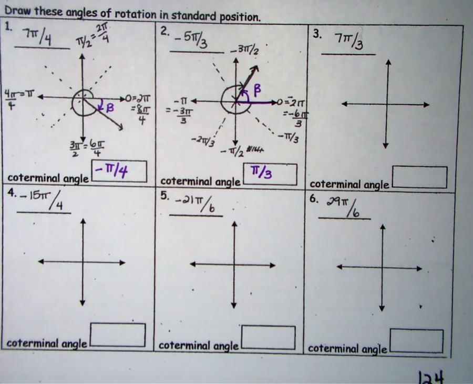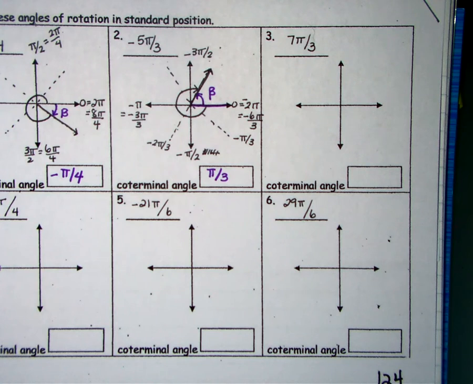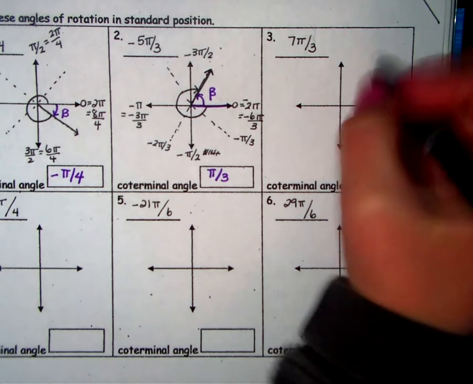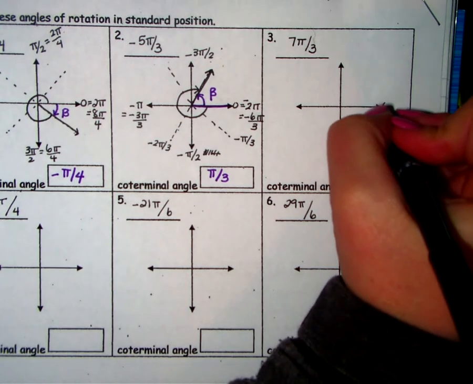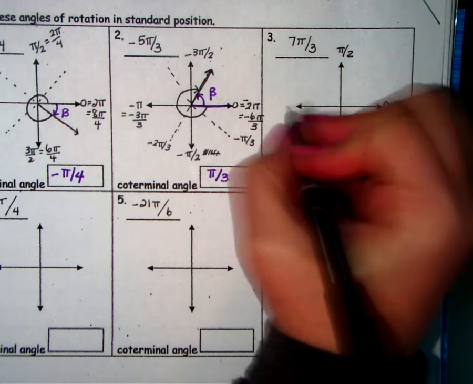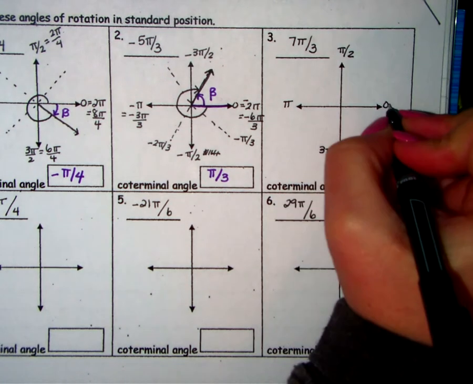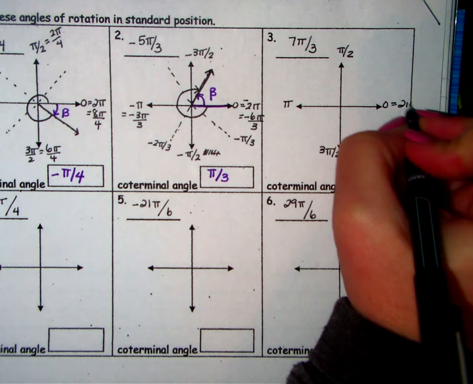Right. So again, let's look at increments of pi over 3, but let's move 7 of those. So if I move in a positive direction, 0, this is pi over 2, pi, and 3 pi over 2, and again, I'd get a full rotation, which is 2 pi.